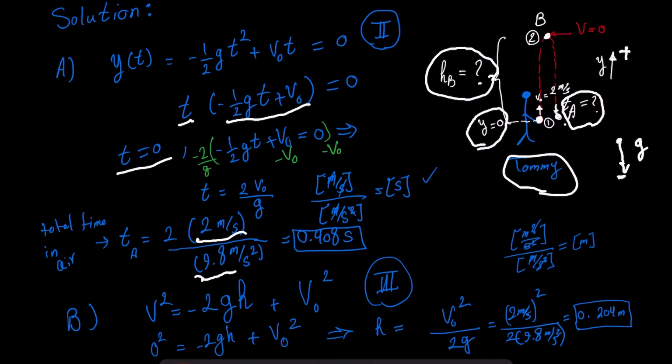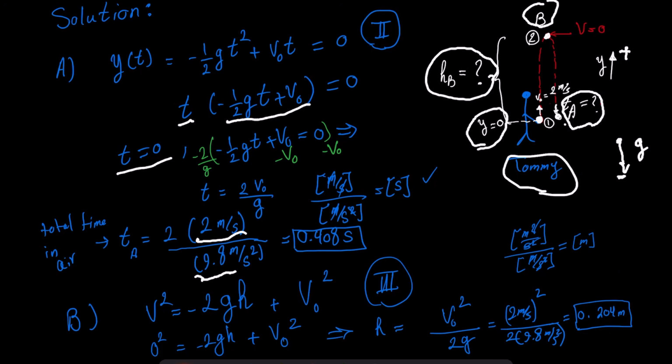So it's a very interesting problem. You're tossing a ball in the air. You're asking how long will it stay in the air if I know its initial velocity, and how high will it reach? That's part B. In terms of how high it will reach, we notice that when it reaches point B, which is the top point right here, velocity is zero. It needs to momentarily stop before it goes straight back down.